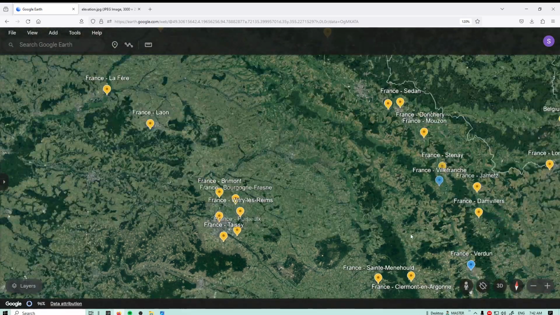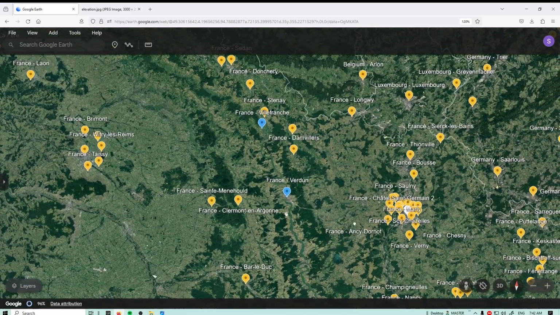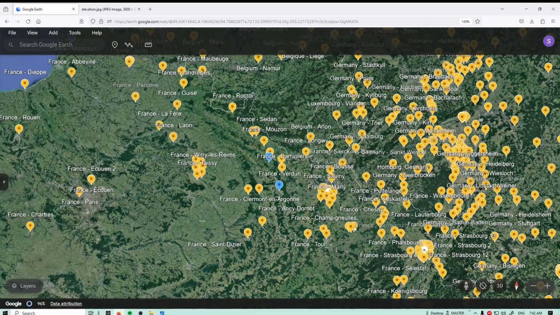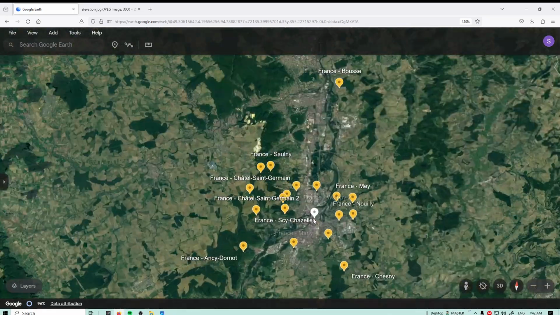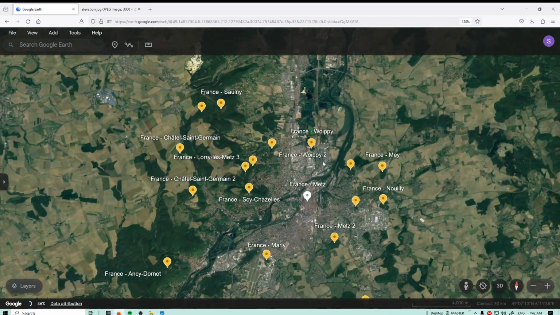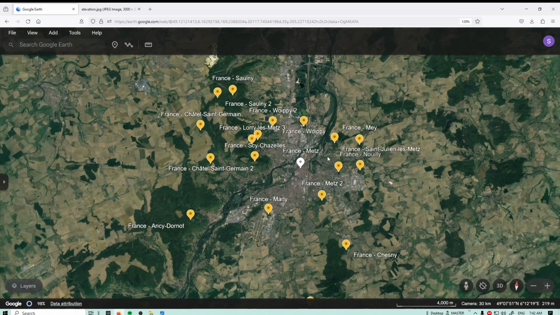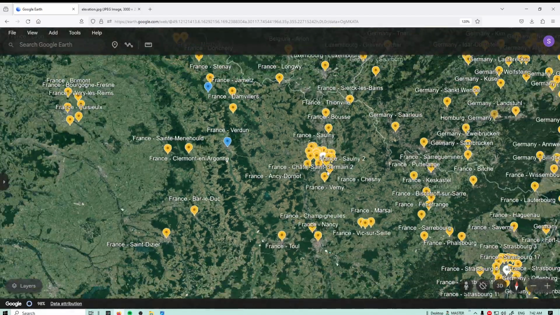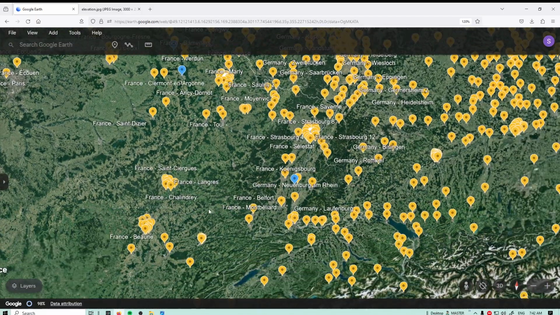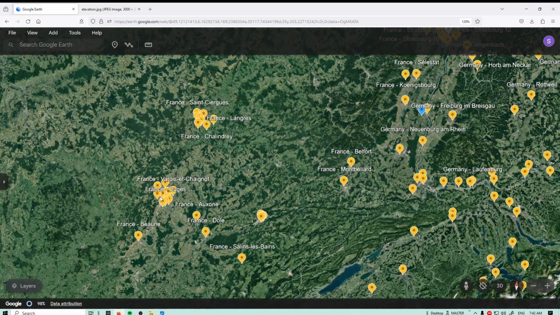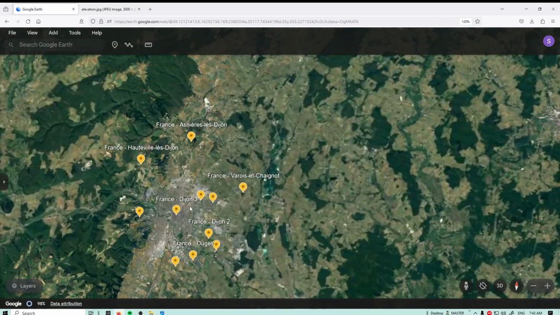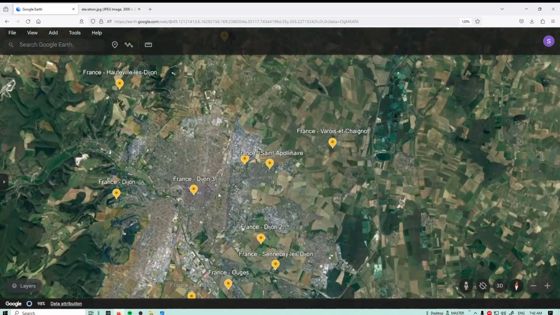Okay. So let me see. You want to see Strasbourg, and there's this place here, Metz, that you can find structures that are part of this larger structure. And all over the place. In France, we have Dijon.